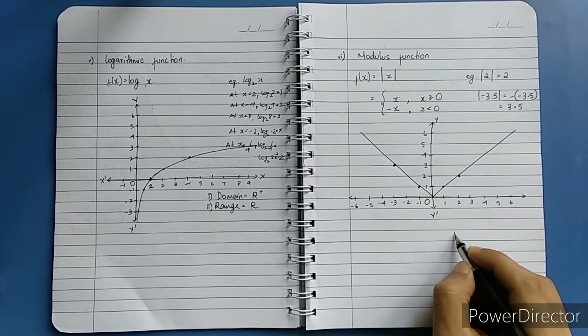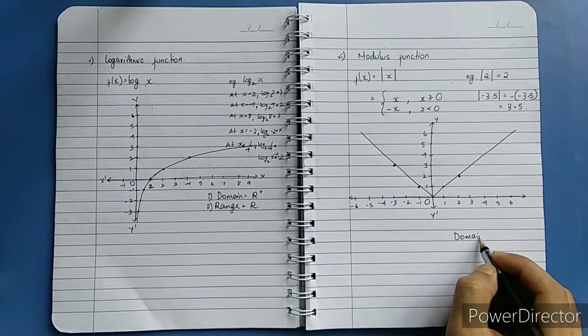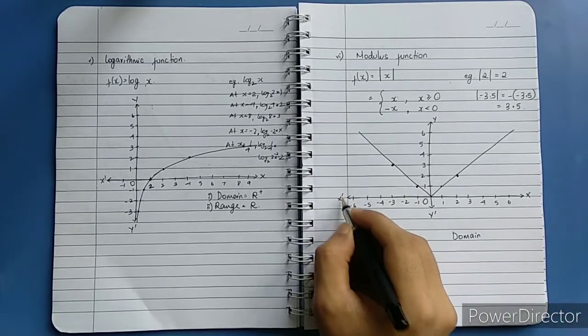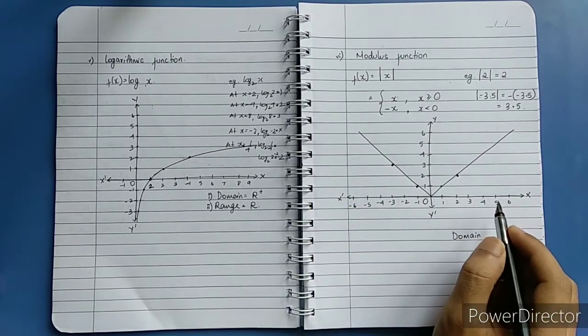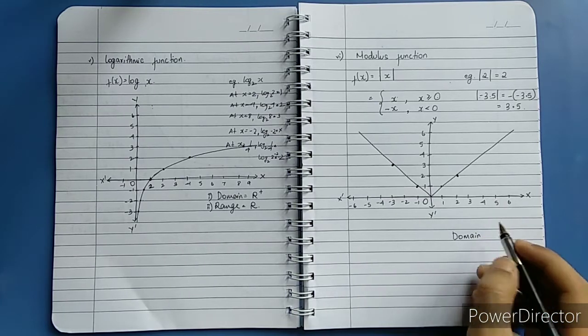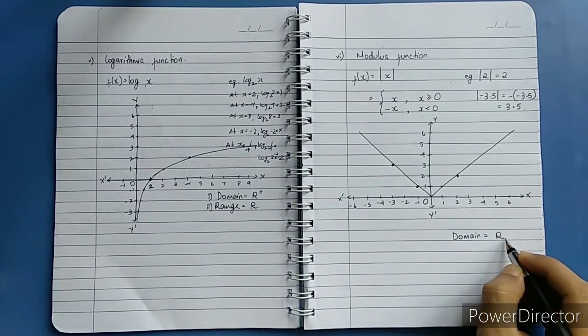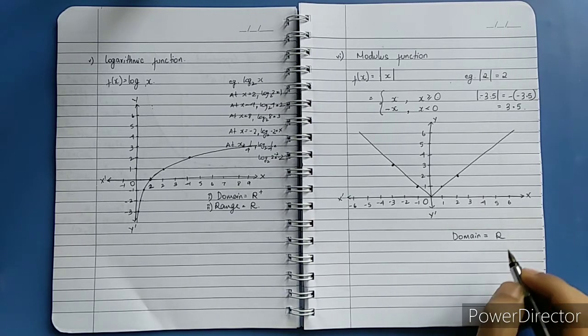So the domain over here: on the x-axis, we can put any value of x and we'll get a real value. So the domain will be the set of real numbers, because we can put any real number, be it positive, negative, or 0.